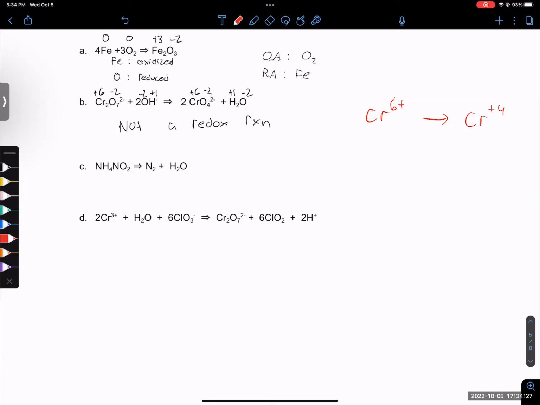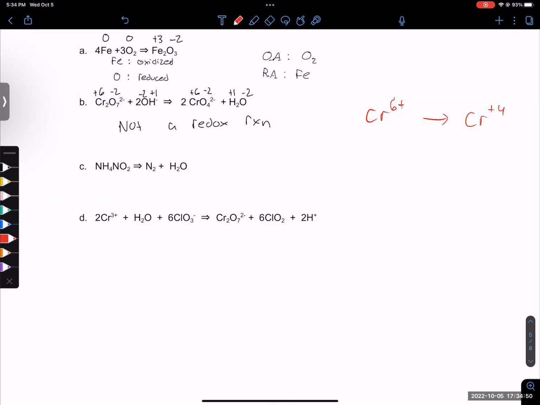We're going from a more positive number to a less positive number, right? And we know electrons carry a negative charge, so this chromium is actually gaining 2 electrons, which brings it down from a +6 to a +4. So if it's gaining electrons, it's being what? Reduced, right?